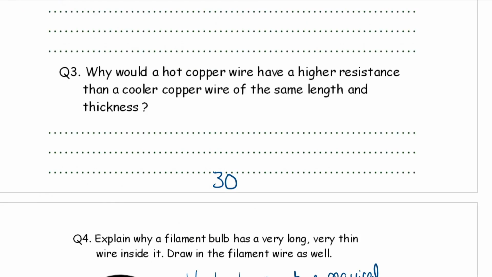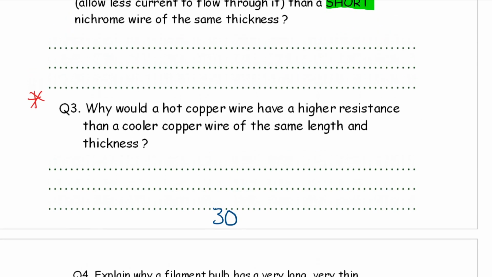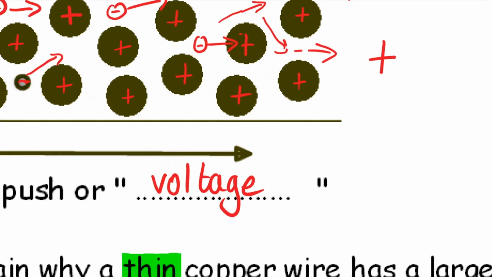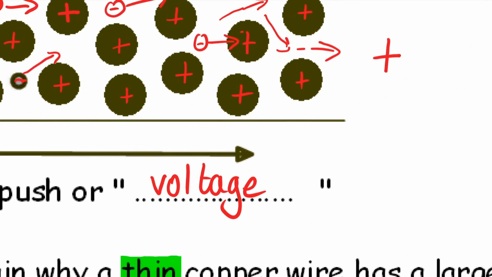Question 3, we haven't talked about this variable, the temperature of the wire. The answer is the temperature of the wire would affect the resistance, and the higher the temperature, the higher the resistance, because I haven't talked about this yet. These ions aren't staying still, they're actually vibrating from side to side.